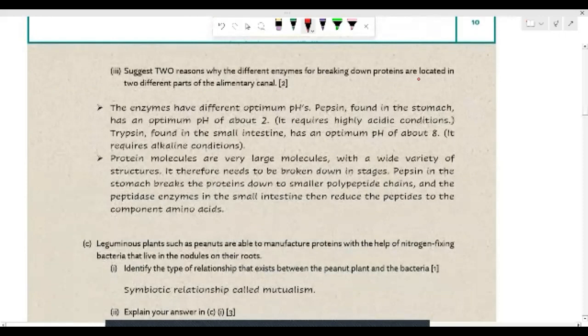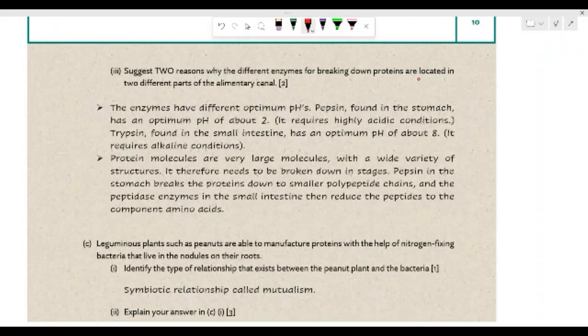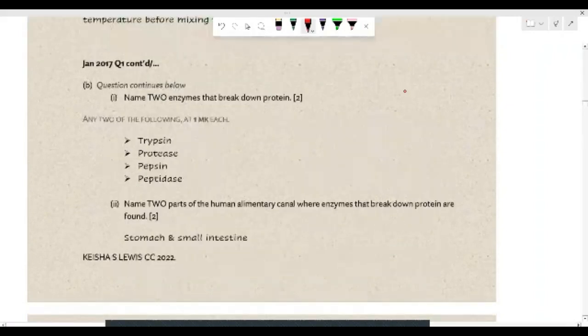And let's see. Suggest the reasons why different enzymes for breaking down proteins are located in two different parts of the alimentary canal, right? So let's take a look at it from two directions. One is that the enzymes have different optimum pHs. If we roll back to these guys here, right? Pepsin loves acid, right? Pepsin works best in acidic conditions.